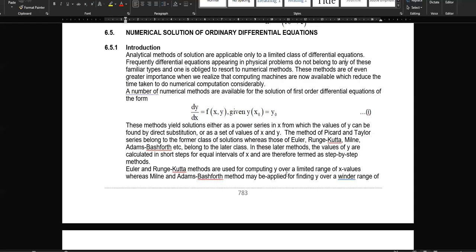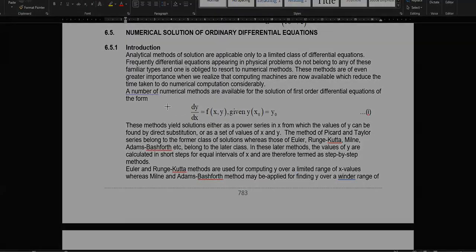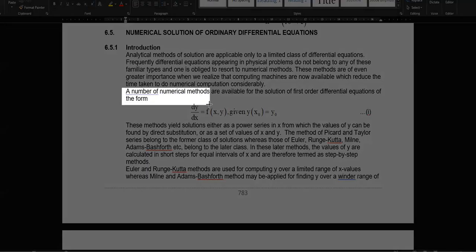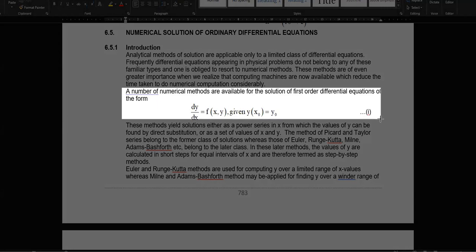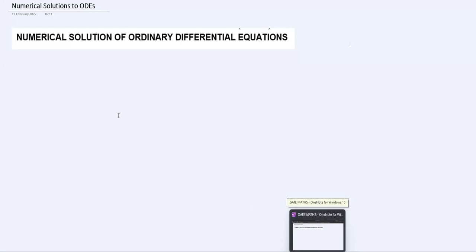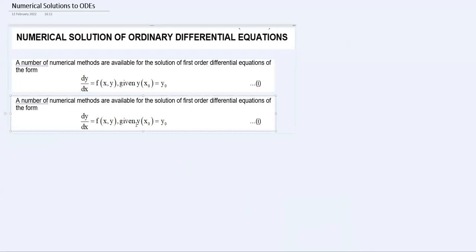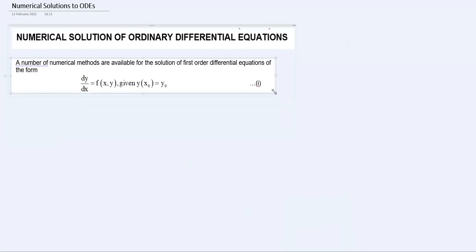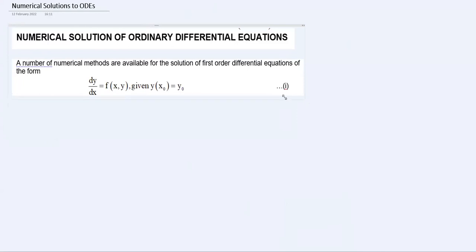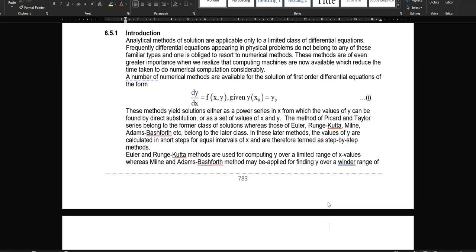So numerical method, numerical solution for ordinary differential equation. A number of solutions are available.